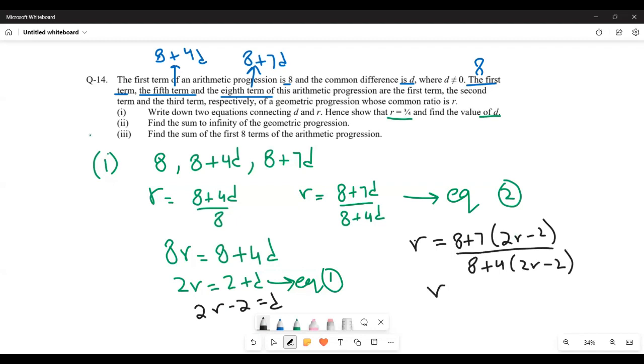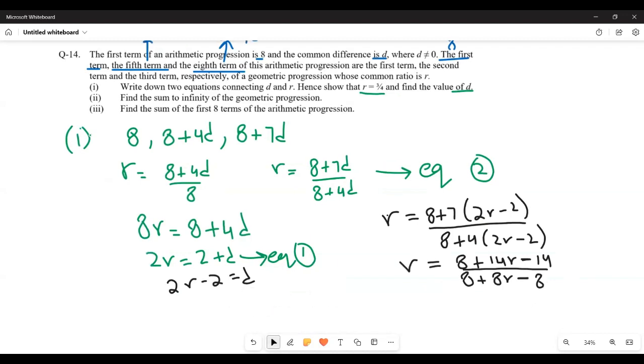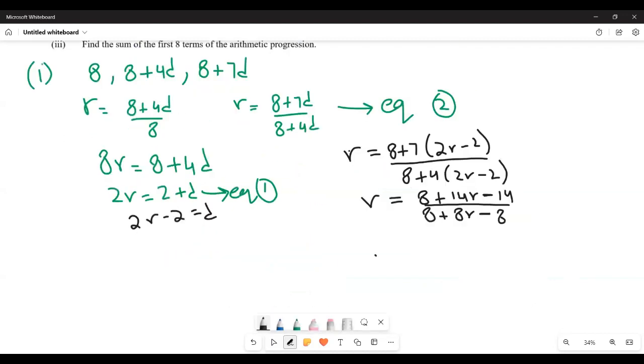Okay, so we're getting R equals 8 plus 14R minus 14 upon 8 plus 8R minus 8. So we have R equals 14R minus 6 upon 8R. So we're getting 8R squared minus 14R plus 6 equals 0.